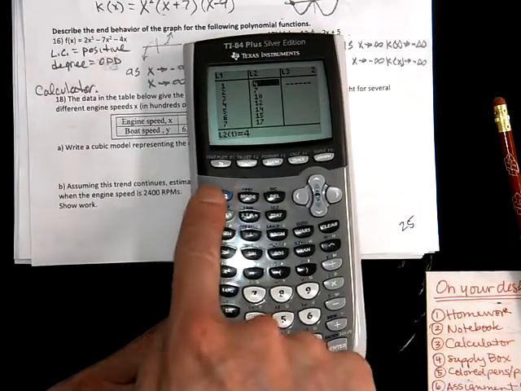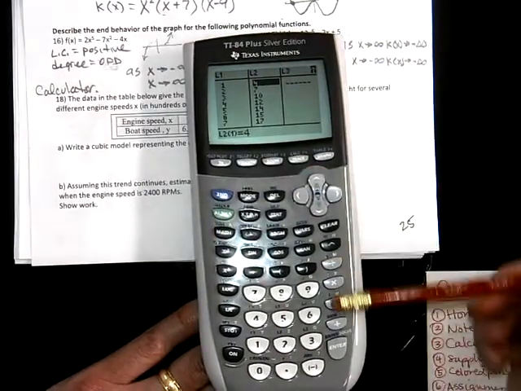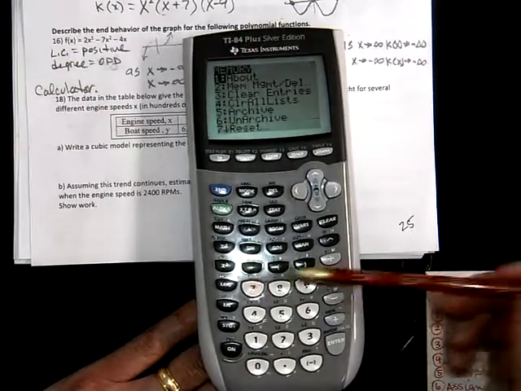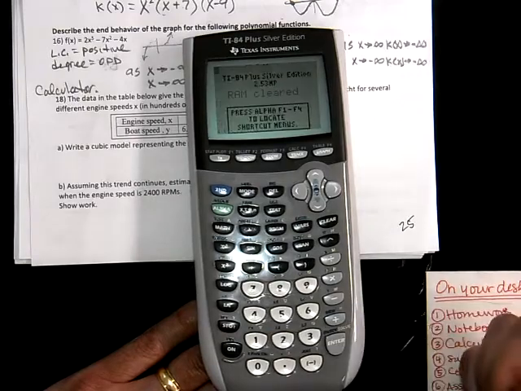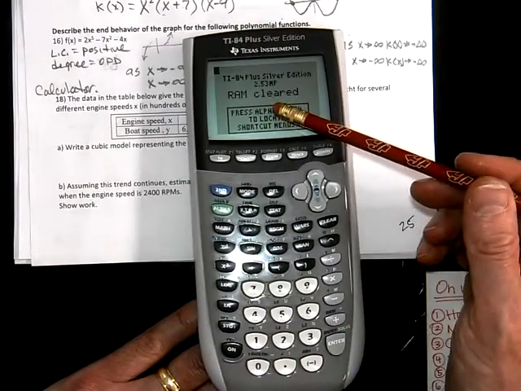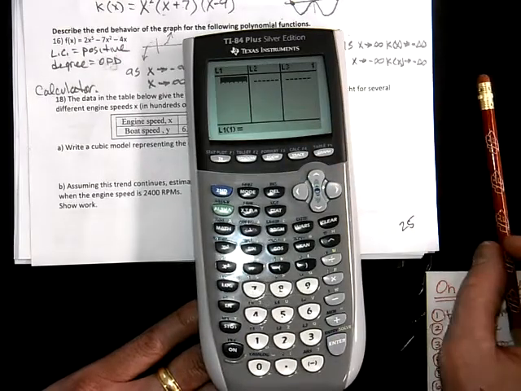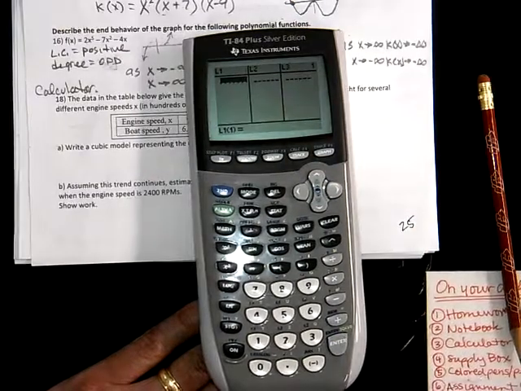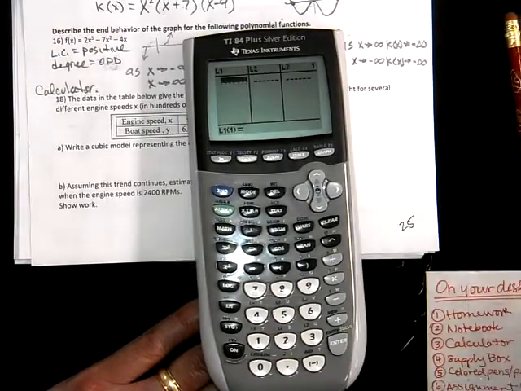Now, what's going to be good to do, and I say this to the class a lot, is second plus 712, and it clears everything out. So when you go back over to Stat and Edit, you don't have any information in it. There's multiple ways to clear it out. That just helps be sure that there are no other errors that are going to occur.